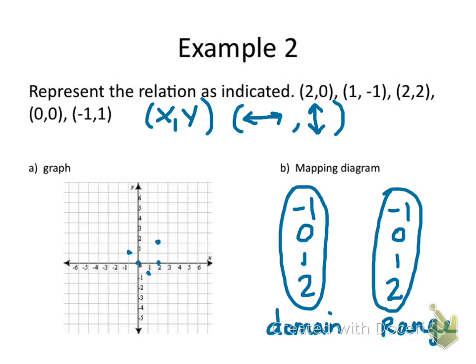So when I have a -1, I draw an arrow to the positive 1. When I have 0 as my domain, I have 0 for my range. A 1 goes to -1. And then 2 goes to 0 and to 2.